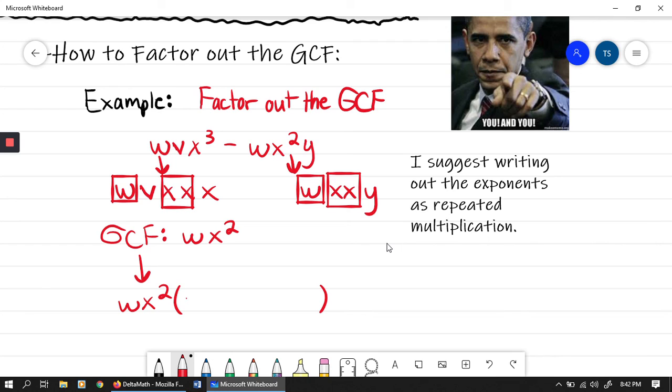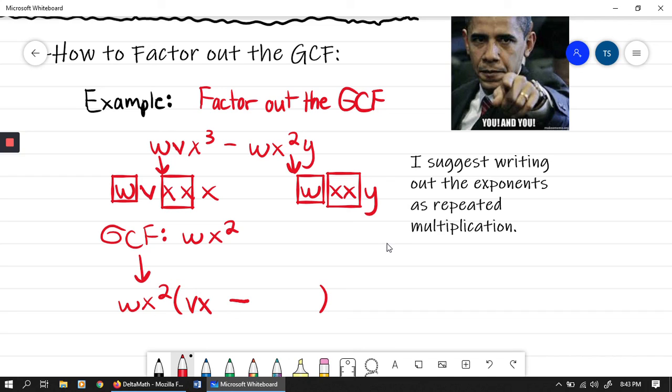So those things that were not a part of the GCF, the V and the X in the term on the left, that is what's left over in that left term. And then in the right term, first off, remember that this is a minus here. What's left over there is just the y.